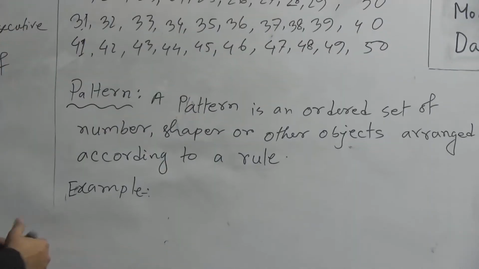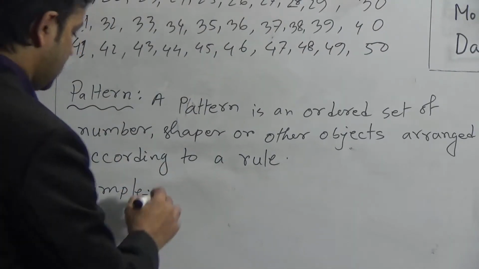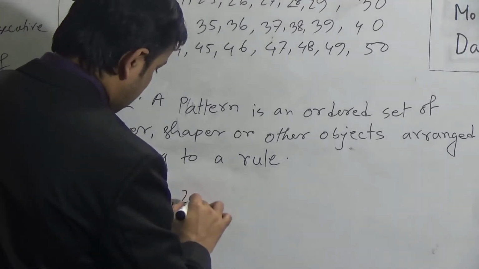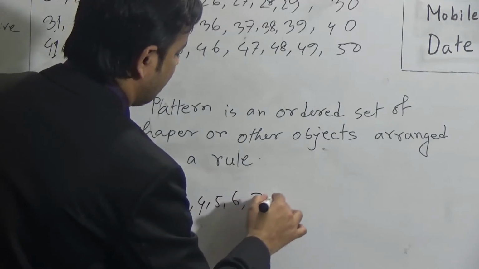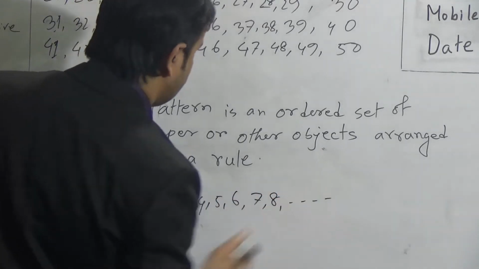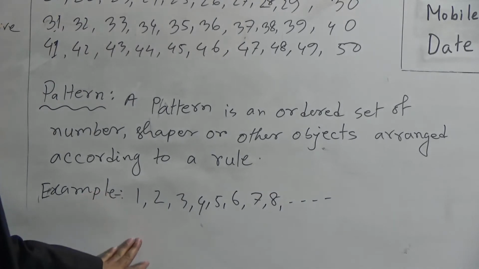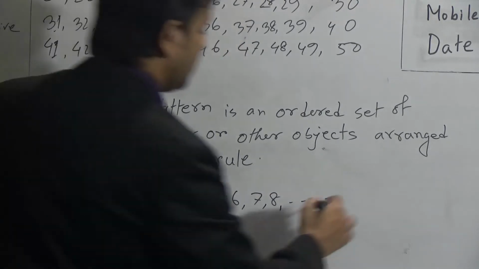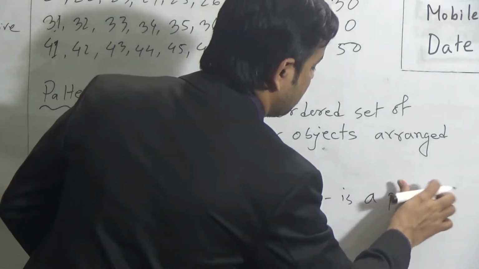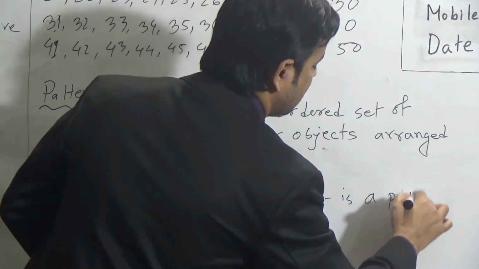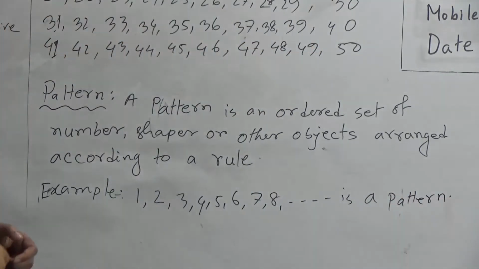So as an example, we can use the natural numbers 1, 2, 3, 4, 5, 6, 7, 8. These are natural numbers, and this is a pattern of natural numbers. This pattern is known as the pattern of natural numbers.